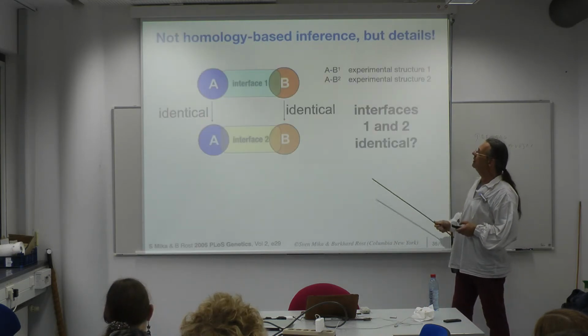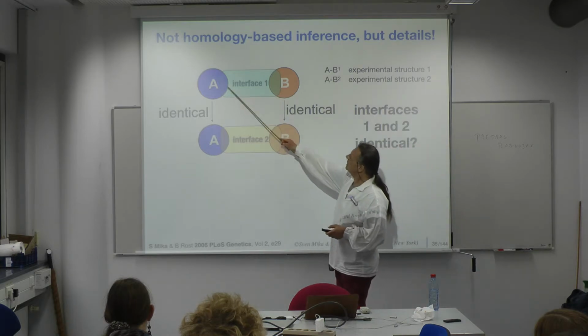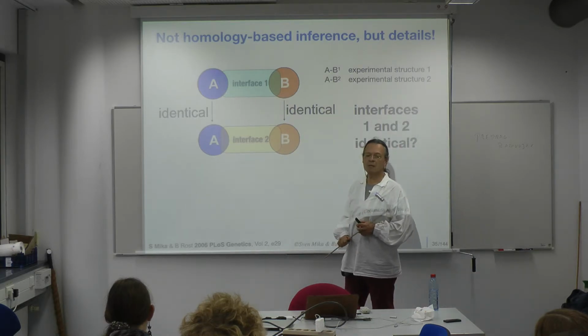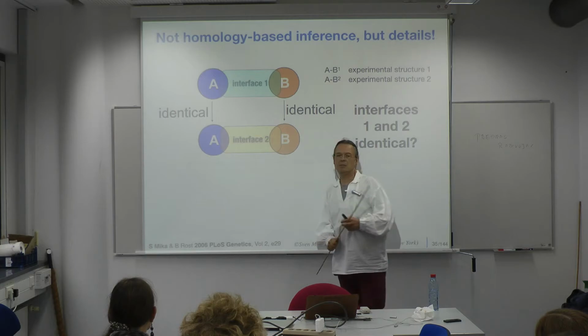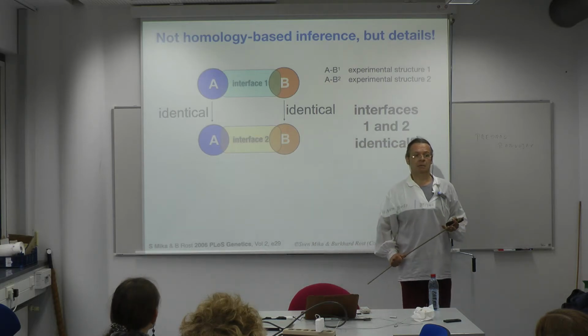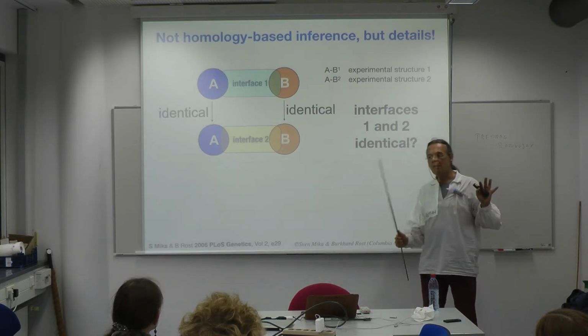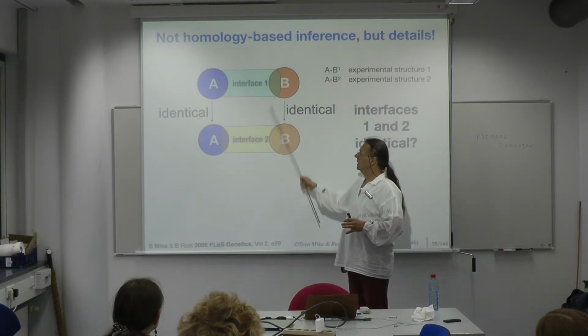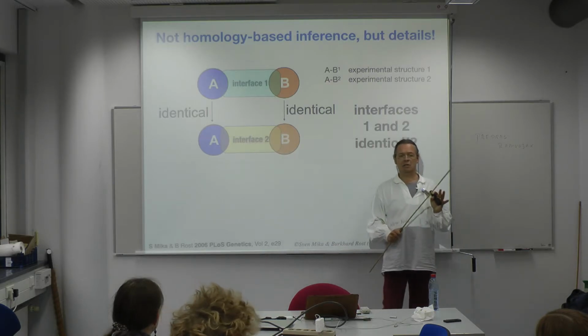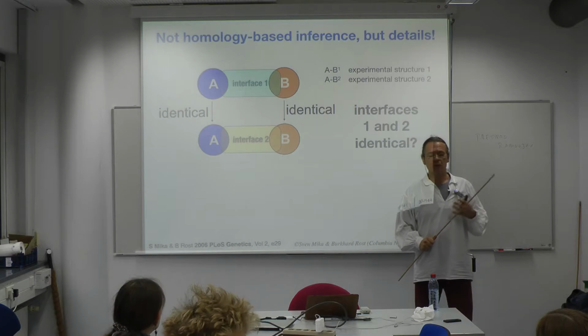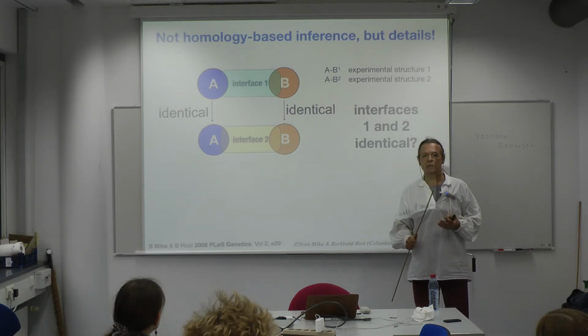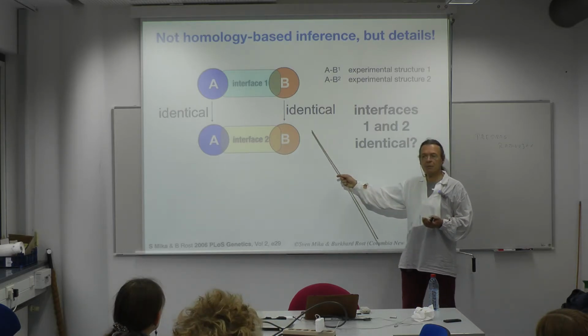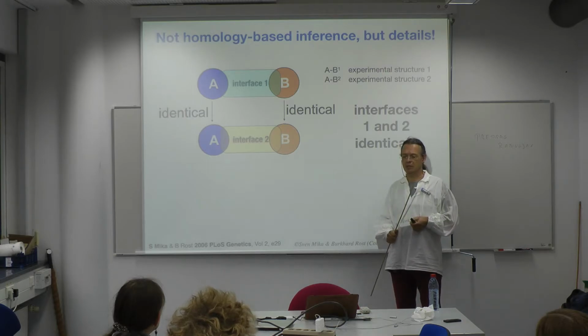No, now we really ask about the interface between A and B in one experiment, and the interface between A and B in another experiment. Somehow the same conditions, but let's just compare two different X-ray structures. Let's compare two different experiments or experimental labs determining the interface between two proteins. Will they agree?